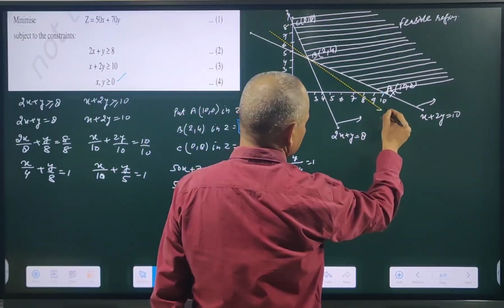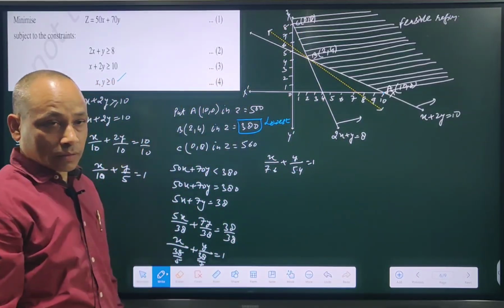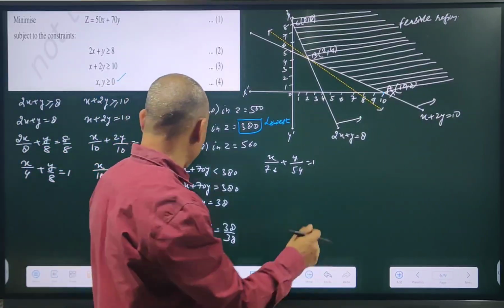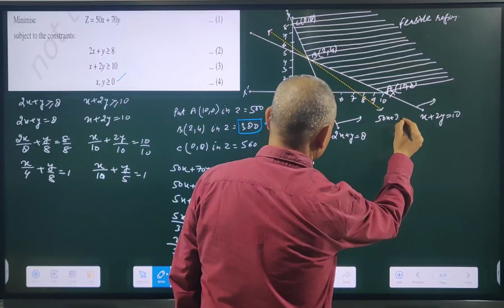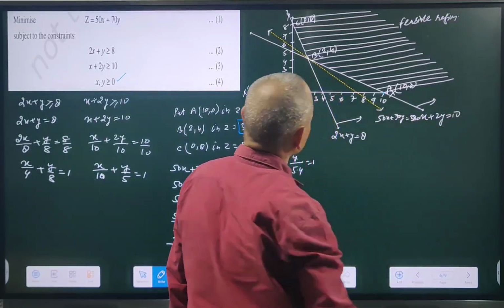So this is the line which represents this equation. We have to write the equation: 50x plus 70y is equal to 380.